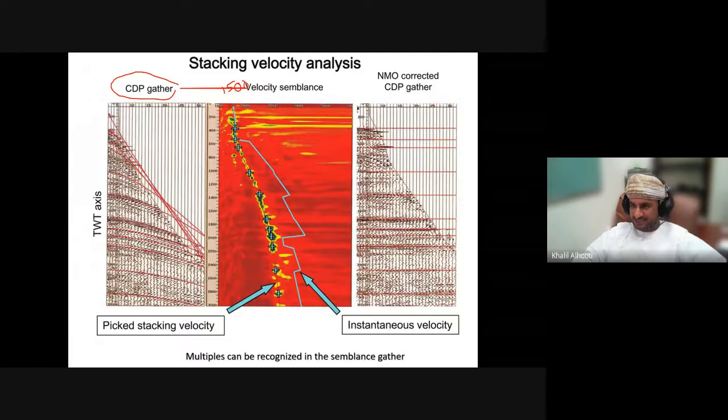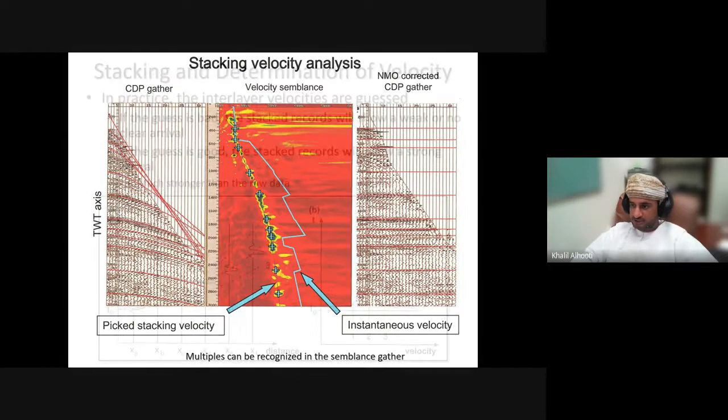Whereas the next, the lower one, because we believe the velocity will increase as we go deeper, will be overcorrected. All the rest will be overcorrected. The next reflector will be something like that. This will be something like that, and so on. They are overcorrected, similar to what you see here.